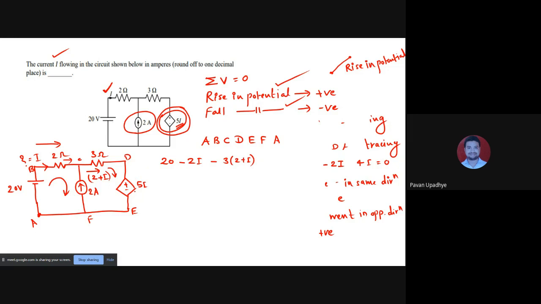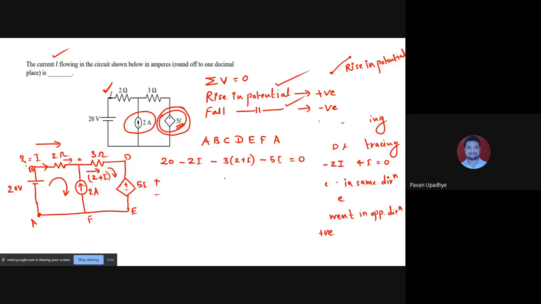And now you come across a voltage source, a dependent voltage source. The dependent voltage source is telling you that you are moving from plus to minus, so you are coming across a fall in potential. That is why this is also minus 5I. And you came to E to F there is nothing, F to A there is nothing, so it is equal to 0.